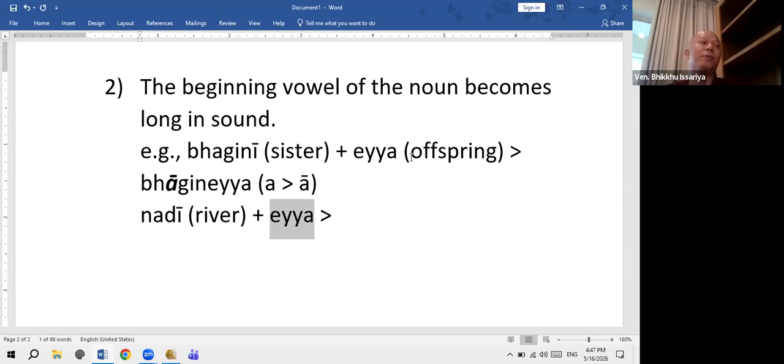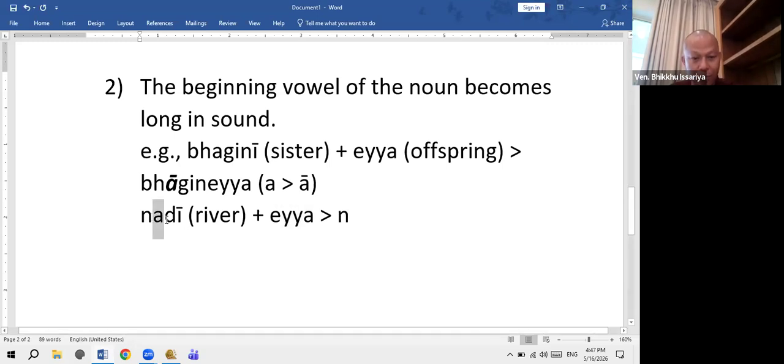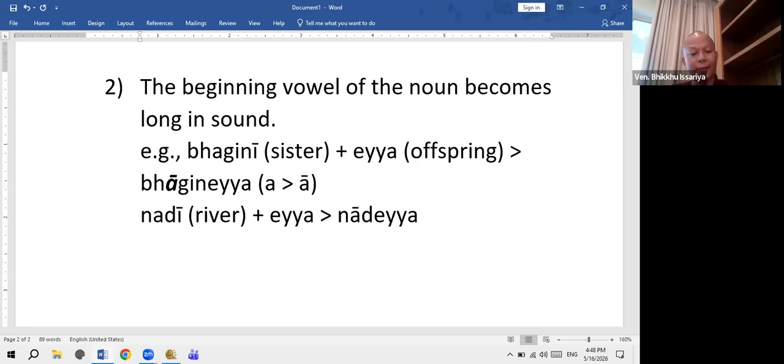So Nadi, and then this vowel changes, the final vowel is dropped. So Nadeyya.